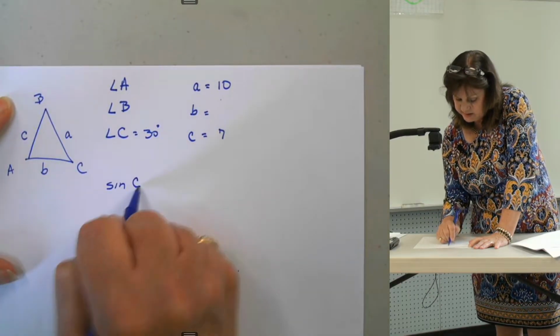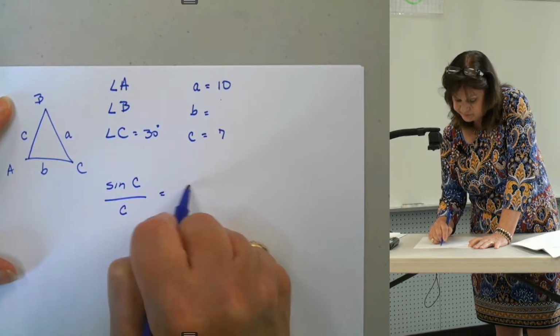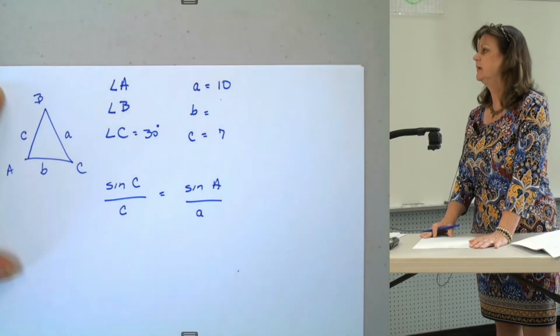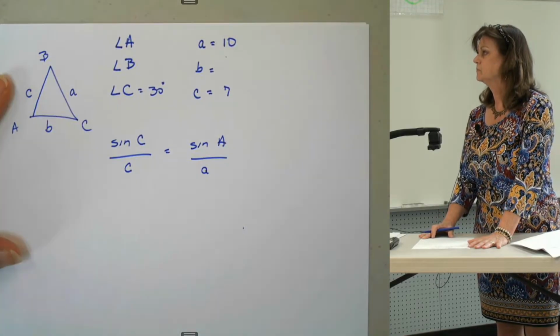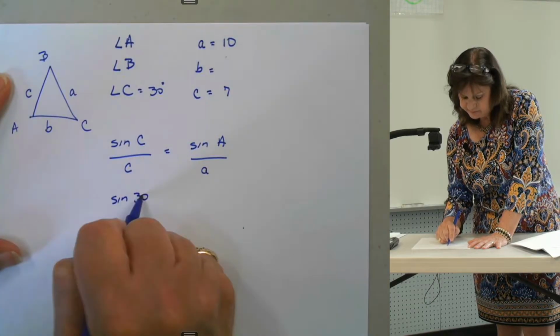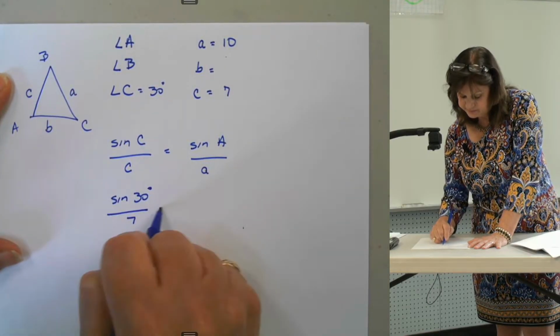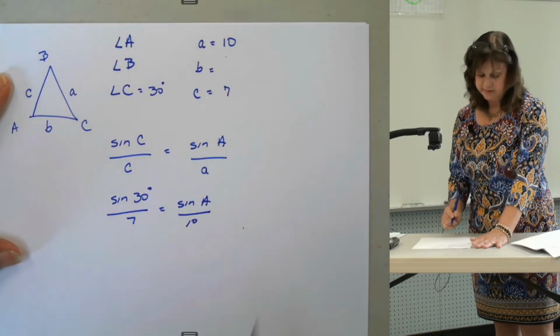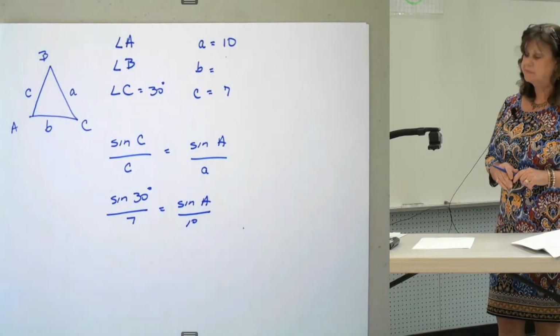Sine C over C is sine A over A. Just set it up. So sine 30 over 7 is sine A over 10. All givens. There's no magic here.